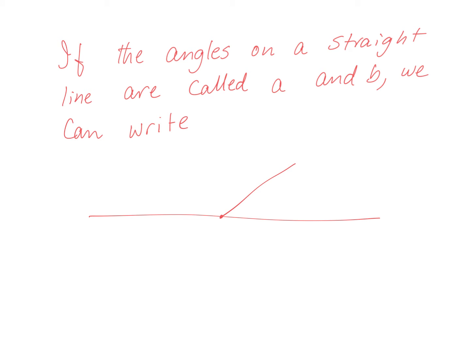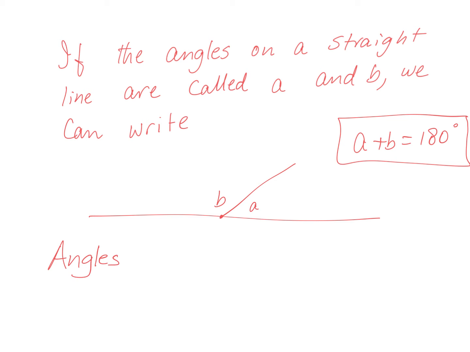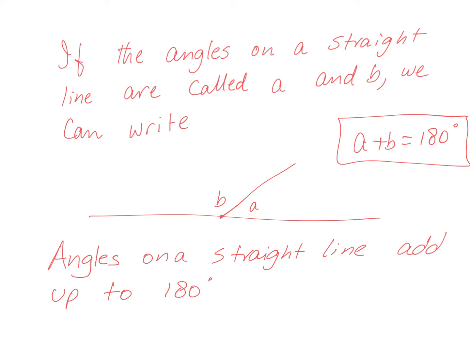So if this is A and this is B, we know both of these should add up to 180 degrees. So angles on a straight line add up to 180 degrees.